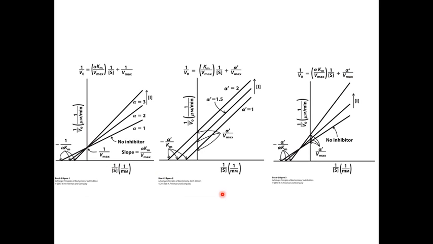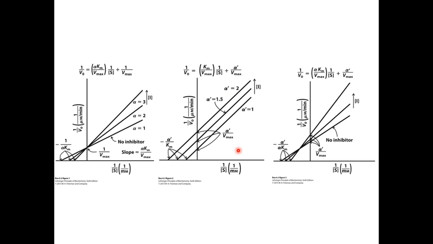So here are the three plots shown in the same slide. On the left-hand corner is a competitive inhibitor. As you can see, lines intersect at the y-axis, so there's no change in 1 over Vmax, and Vmax doesn't change, whereas apparent Km increases.